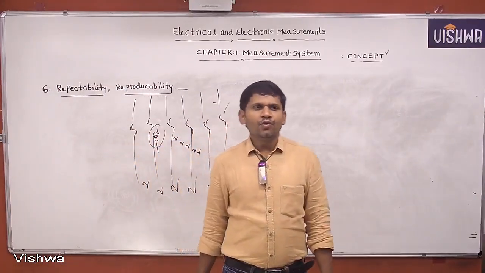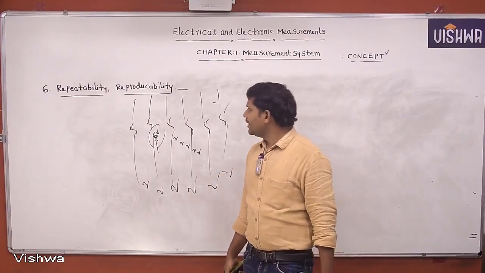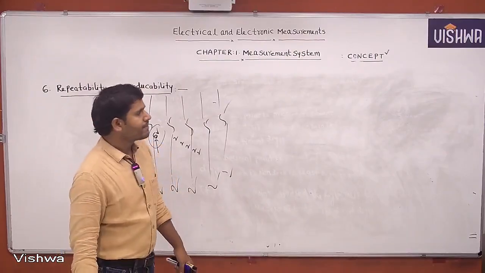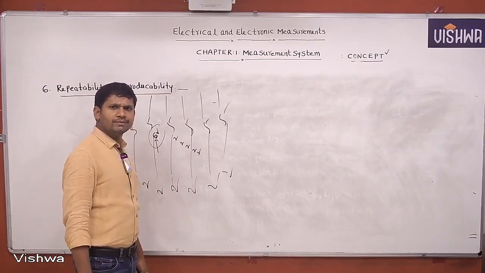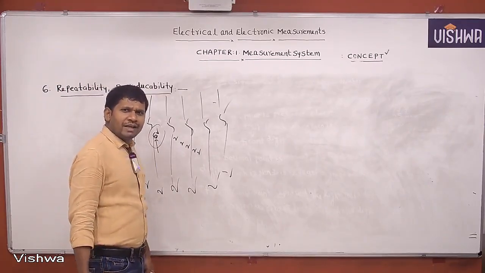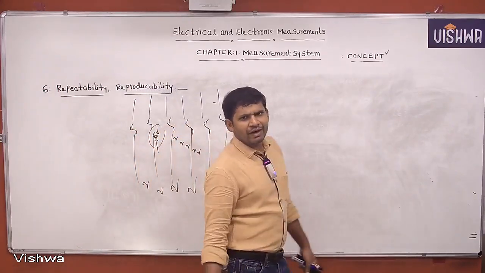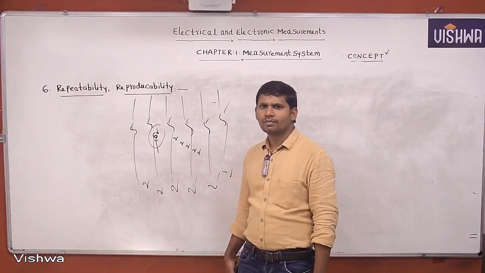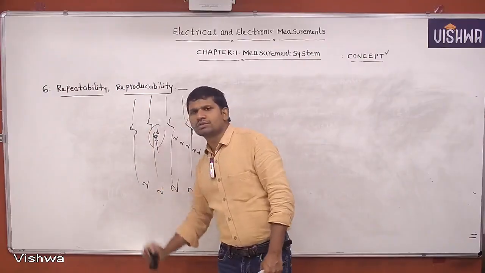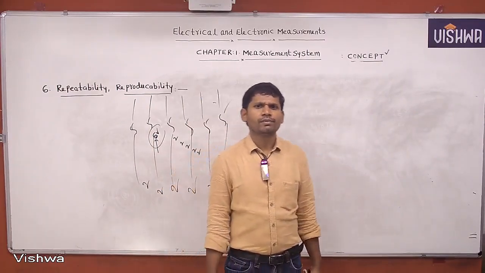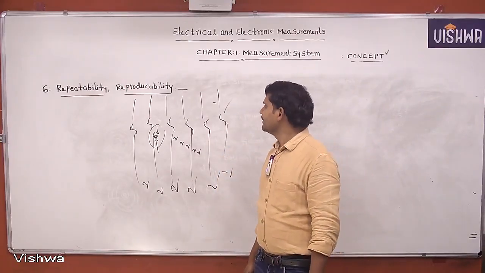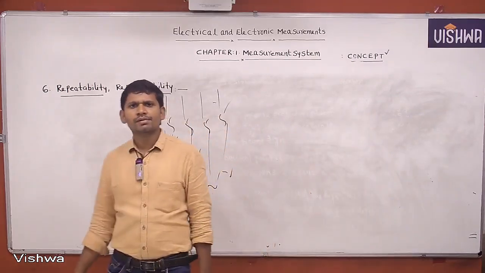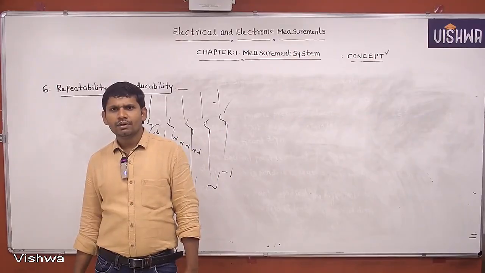If one experiment is conducted by different users, using different instruments, at different times and different conditions, for equal values of inputs, if all the users are getting the same reading, then it is called reproducibility.